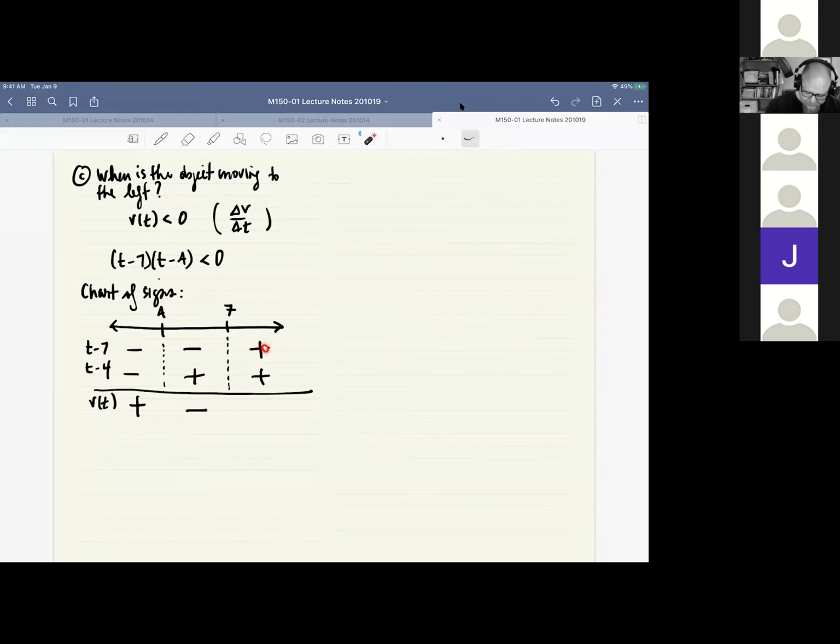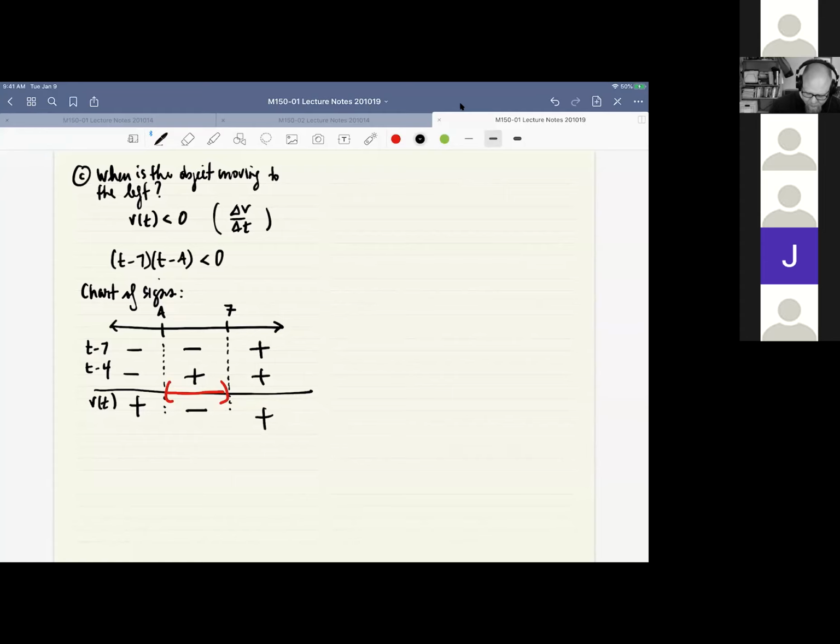And a positive times a positive is a positive. So this gives me the sign of the velocity function on the real line. I'm looking for where the velocity is negative. So this is the interval of interest. This is what I'm looking for.